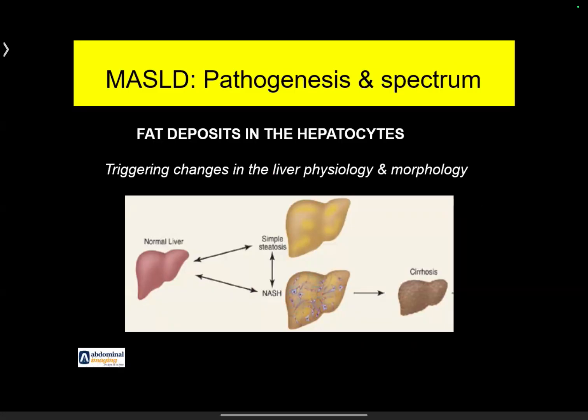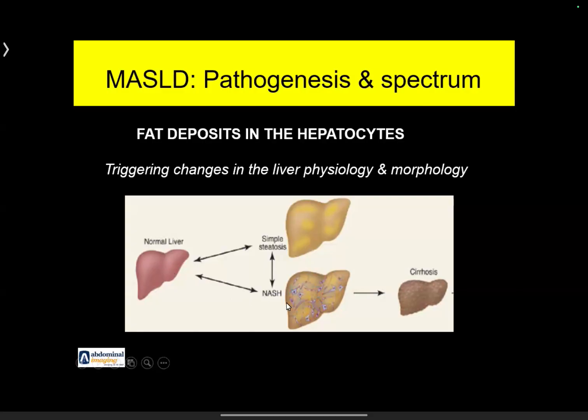So the spectrum of fatty liver is like this: when the fat starts depositing within the hepatocytes, meaning it deposits in the cells, it starts triggering change in the liver physiology and some morphological changes happen. The normal liver can progress to simple steatosis or simple fatty liver, which can then progress to steatohepatitis.